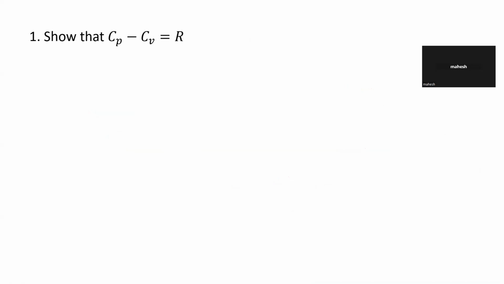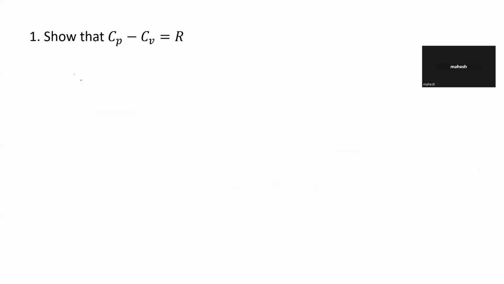So coming to the few examples, I'll show you. Okay, given here we take for granted that Cp minus Cv is equal to R, but how is it? We can derive it actually, right?